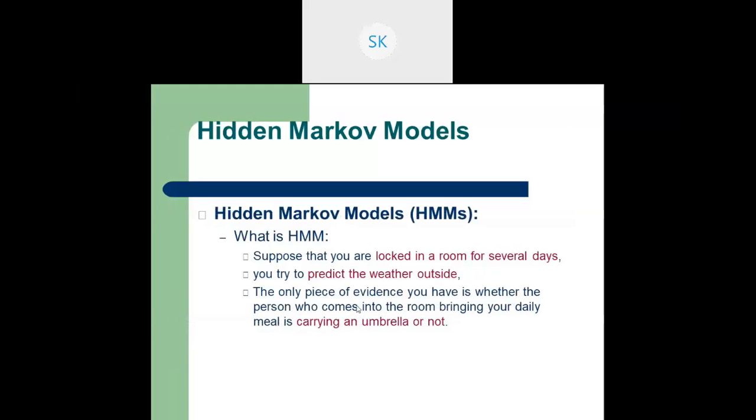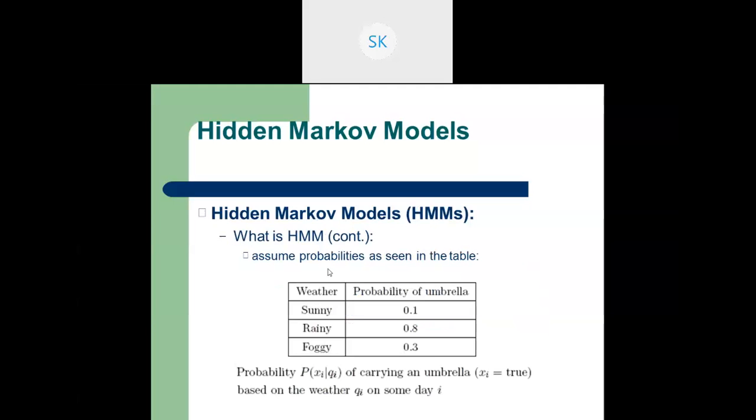The same example is elaborated, and I will go quickly. Suppose that you are locked in a room for several days and you try to predict the weather outside. The only piece of evidence you have is whether the person who brings your daily mail is carrying an umbrella or not. From these observations you can predict the weather outside. That is what the hidden Markov model is.